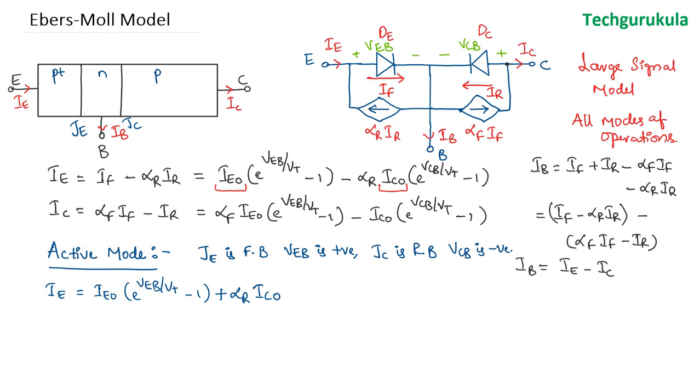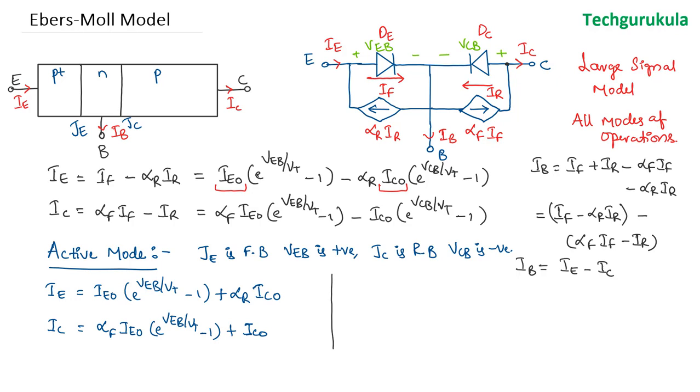Now let's find the equation for IC. IC is equal to alpha F IE naught times e power VEB over VT minus 1. Now we would get plus IC naught, because the collector junction is reverse biased, hence we will have reverse saturation current there. Negative of negative is positive, hence we got plus IC naught.